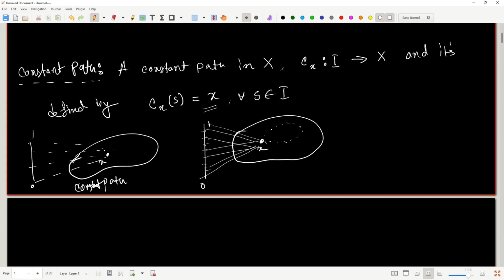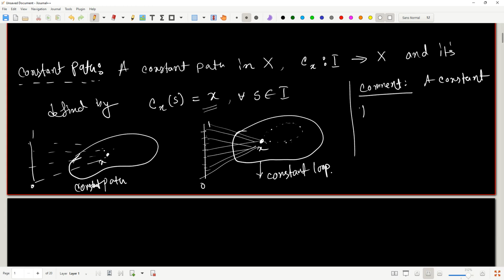So that's why a constant path is also called a constant loop. So if I call it constant loop, then I can comment that a constant path is also called a constant loop.